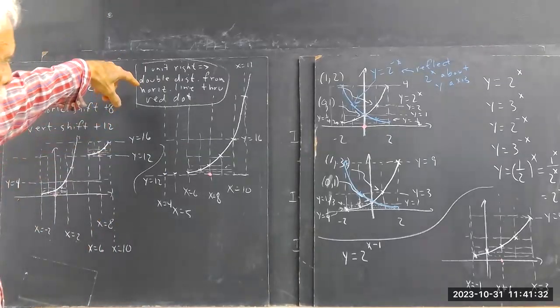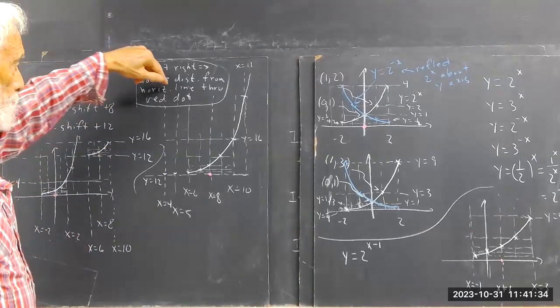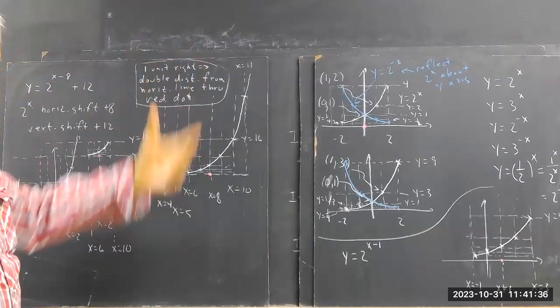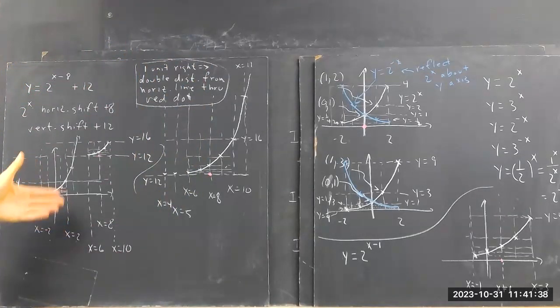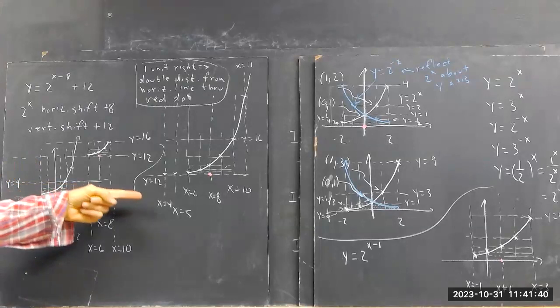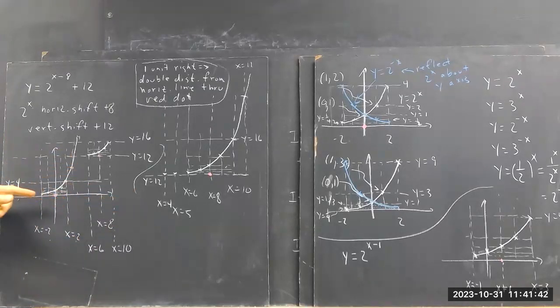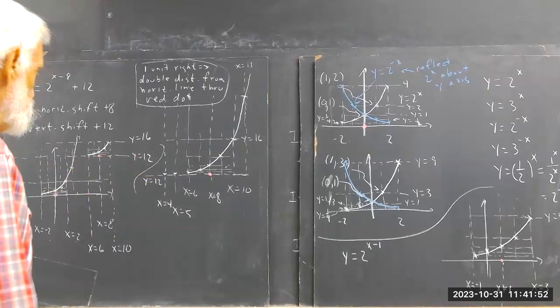If we have one unit right, that implies that we double the distance from the horizontal line through the red dot. Because that's what happens to this graph. When we move one unit to the right, we double the y value, and the y value in this case is the distance from the red dot. Okay.